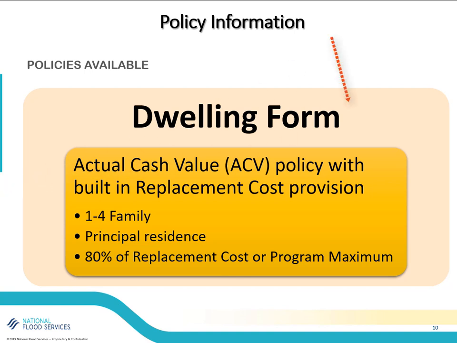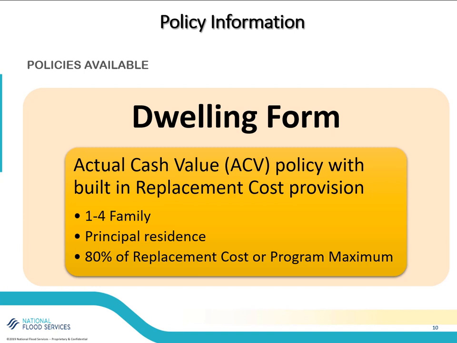At the time of a flood loss, in order to be paid replacement cost, 3 qualifications must be met. First, the structure has to be a single-family dwelling. Second, the structure has to be the primary residence, which means that the insured lives in that residence for 80% of the policy term.